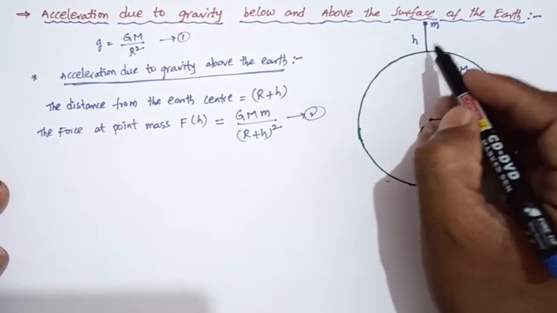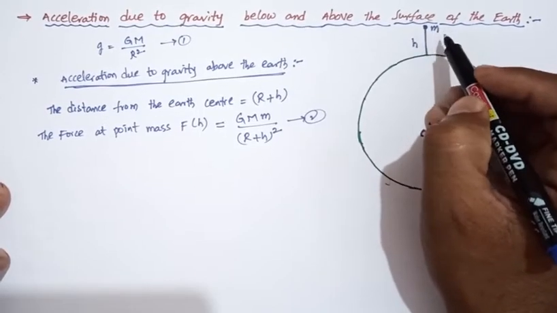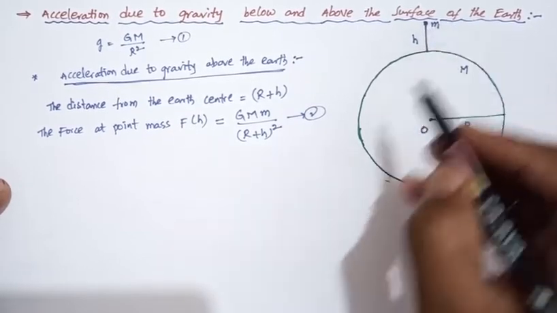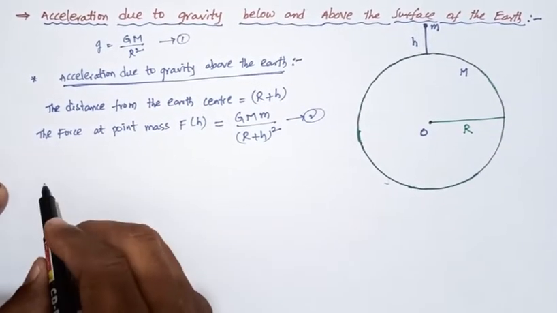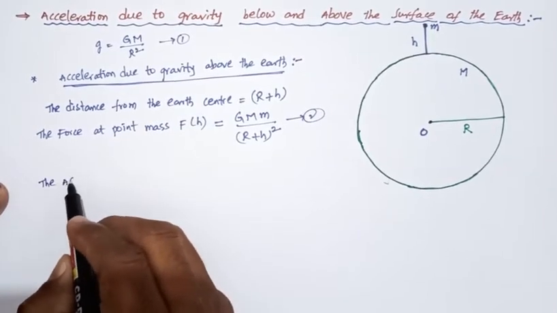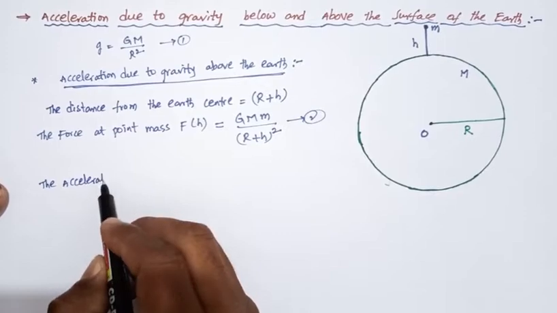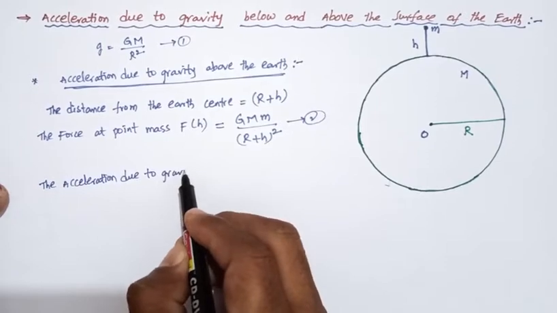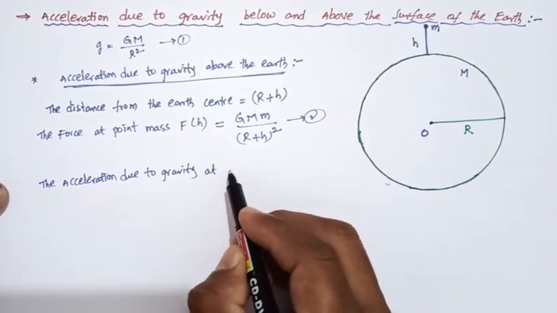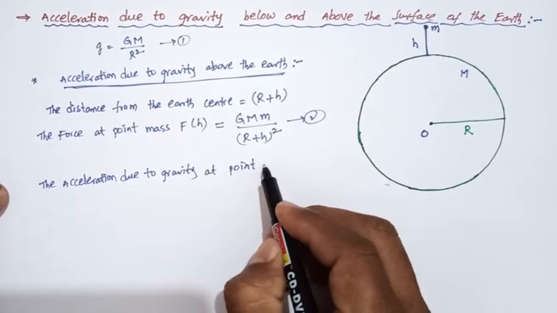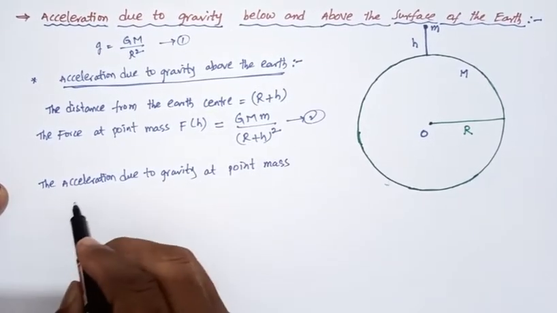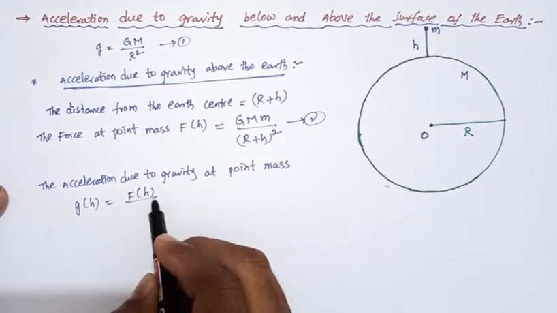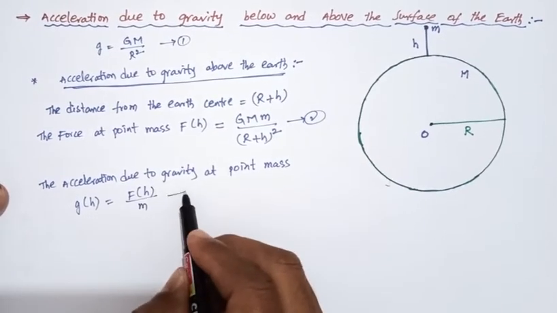Next, this mass experiences a force, so due to that, the acceleration due to gravity at the point mass is g of h equals F of h by m, from Newton's second law.